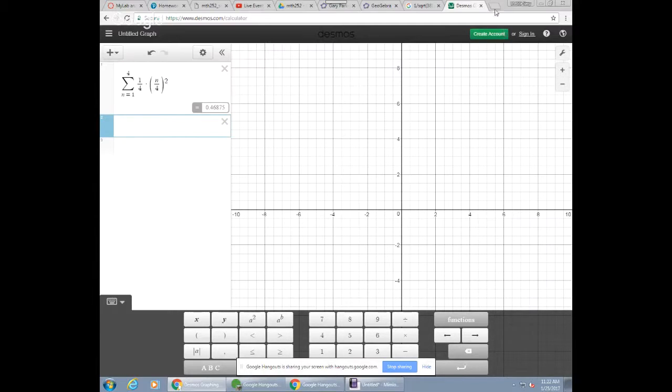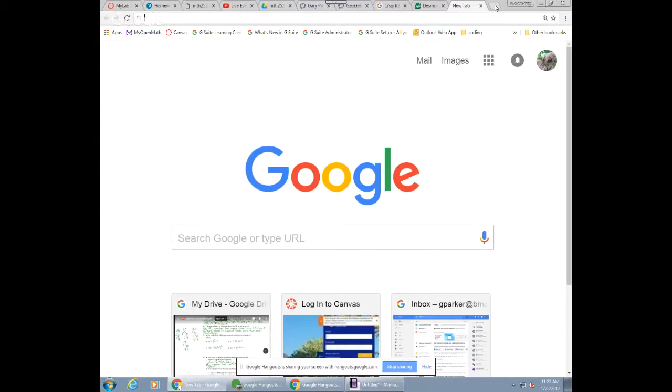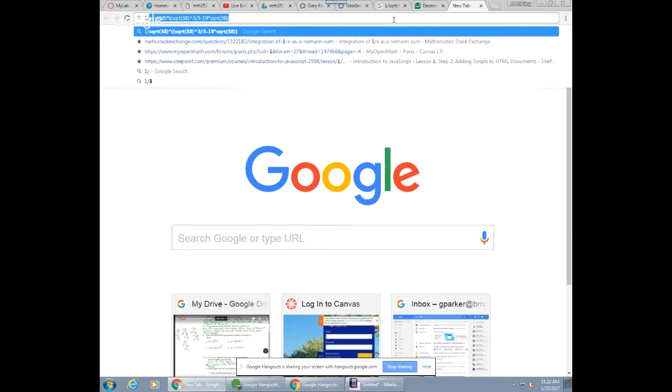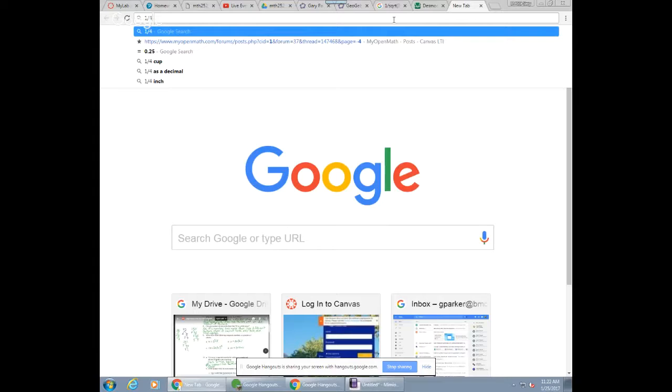Okay. Double checking in Google calculator. Each one has a 1/4 in it, so I factored that out. And then I have a 1/4 squared, which requires lots of parentheses. Actually, that one really doesn't. Plus 2/4, which is a half. Now this one lends itself to entering decimals, but some of them do not.